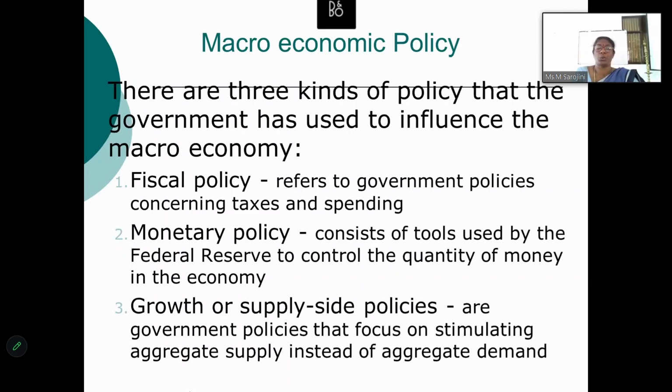The next one is the growth or supply side policies. Here, what is the main reason for the inflation? You have to understand what inflation is. Inflation means continuously increasing the general price level. What is the reason for continuously increasing the general price level?